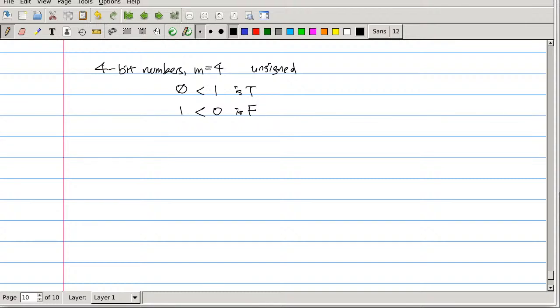Since there are 4 bits, 15 is the largest value that we can represent. So we want to make sure that 15 is considered greater than 0, and 15 is less than 0 is false. Some people may look at this and wonder why, if we already confirmed that 0 is less than 1, we need to confirm that 15 is less than 1. It will be obvious later on why that is the case.